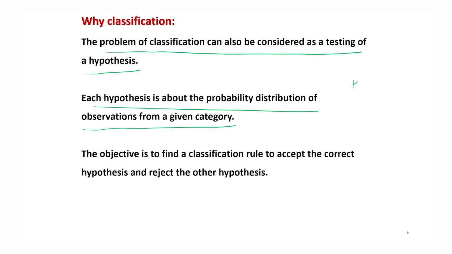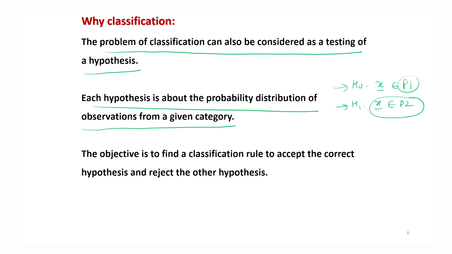For example, say here H naught is that some observation X belongs to PDF 1, and H1 is that X belongs to PDF 2, right? And then if H naught is accepted, that means the observation belongs to population P1, and if H1 is accepted, then the observation belongs to population P2, right?